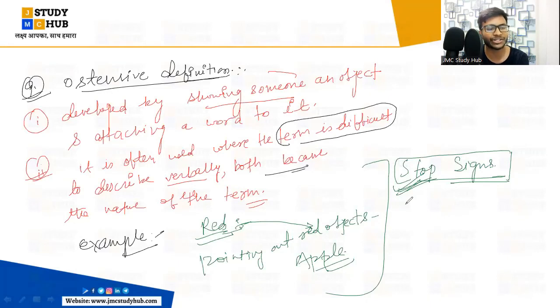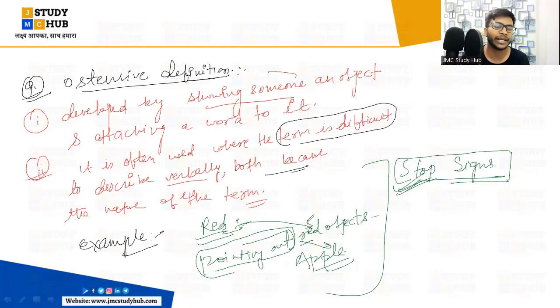Yes, exactly, Rachna. Sometimes at that time we do not know the colors, we do not know what this color is called, but we show the colors, we point out that color, and that is the name of the word.